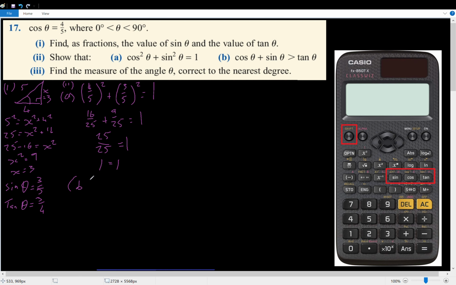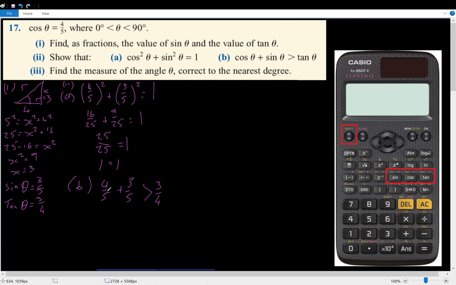For part B, we're asked to show that cos theta plus sine theta is larger than tan theta. Well, that's straightforward enough. Cos theta is 4/5, and sine theta is 3/5. And we're asked to show that they are larger than 3/4.